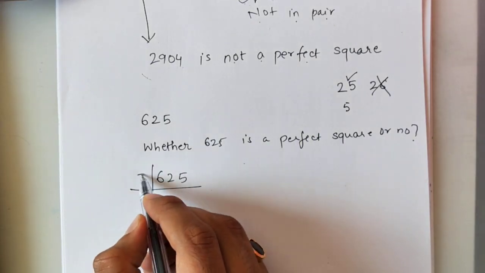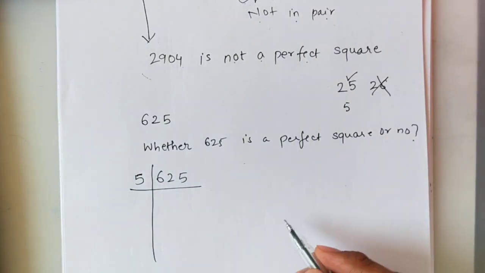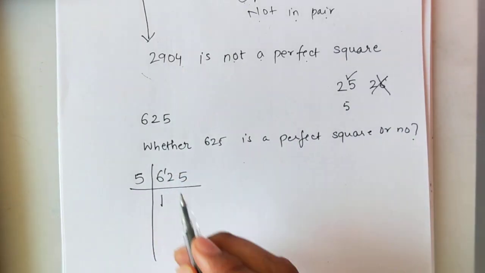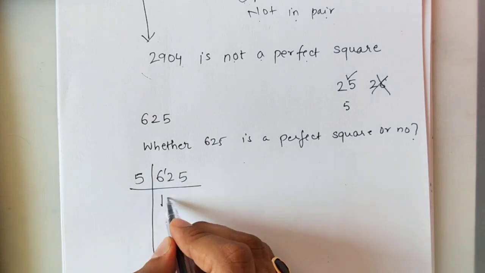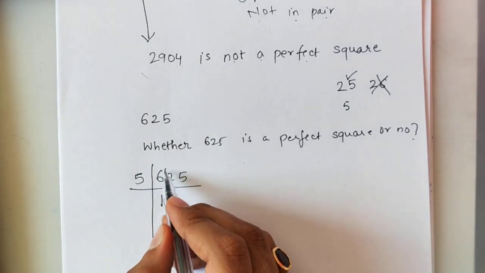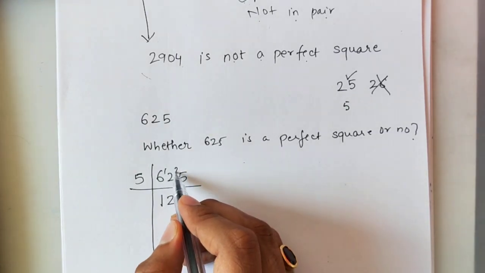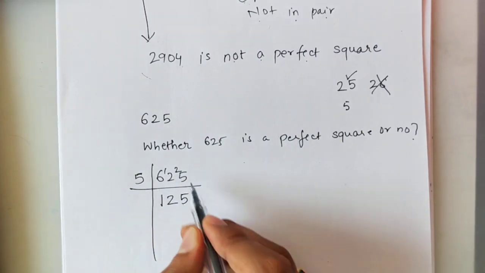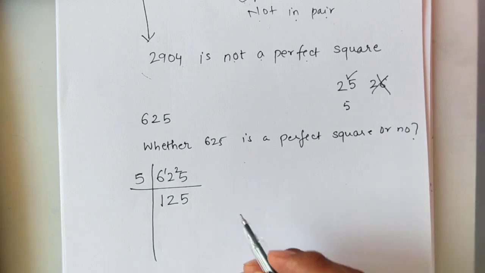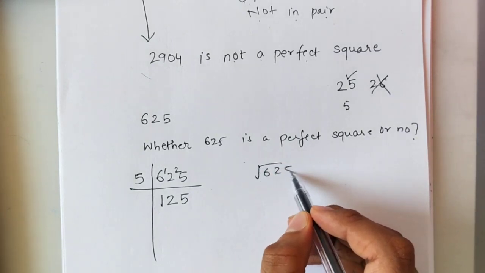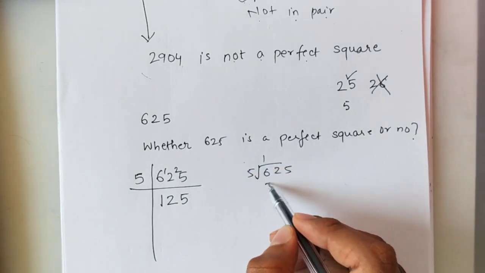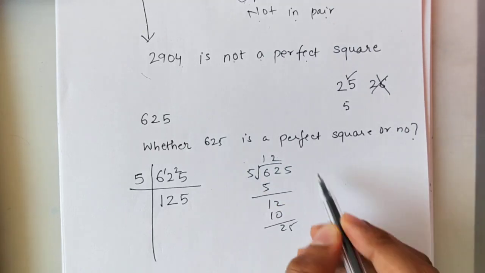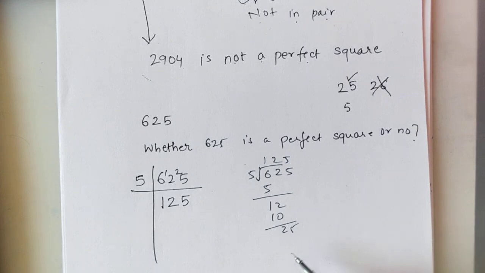Let's start with 5. So 5 ones are 5. So this 6 will give 1 carry over. 5 twos are 10. So 12 minus 10 is 2 carry. So 25. So 5 5s are 25. When you divide 625 with 5, 5 ones are 5, 12, 5 twos are 10, 25, 5 5s are 25.